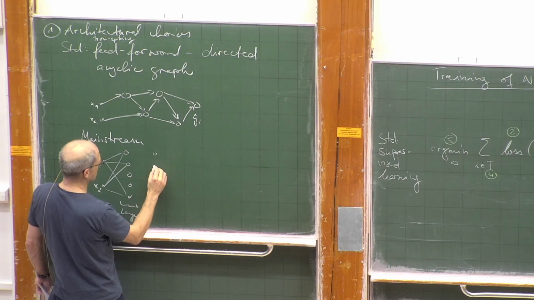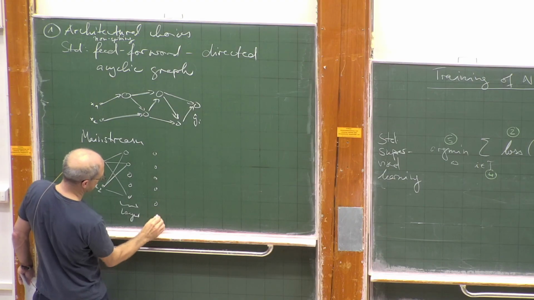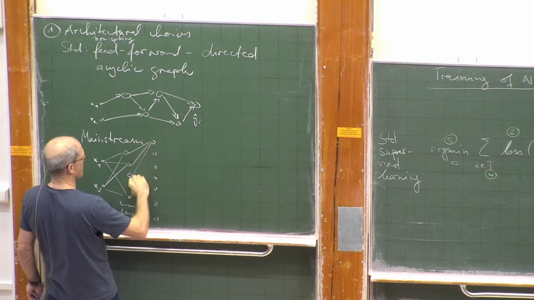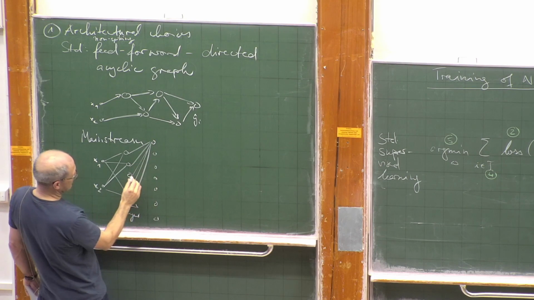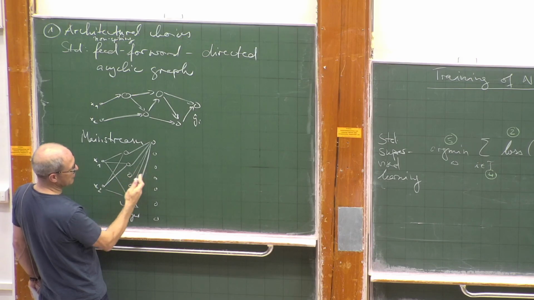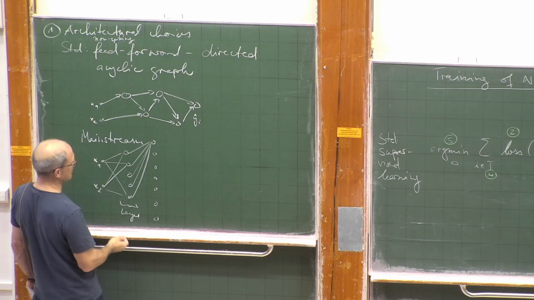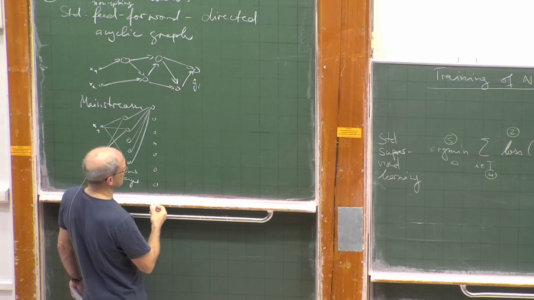And then we would have another layer, which can have more or fewer nodes. Let's do more in this case. This would be another layer. And here the input from one layer only maps to the next layer immediately.